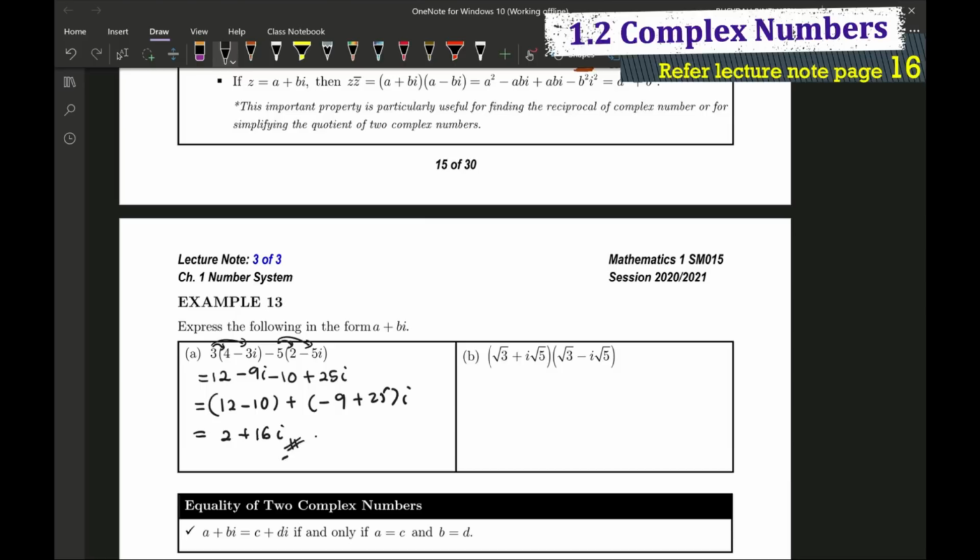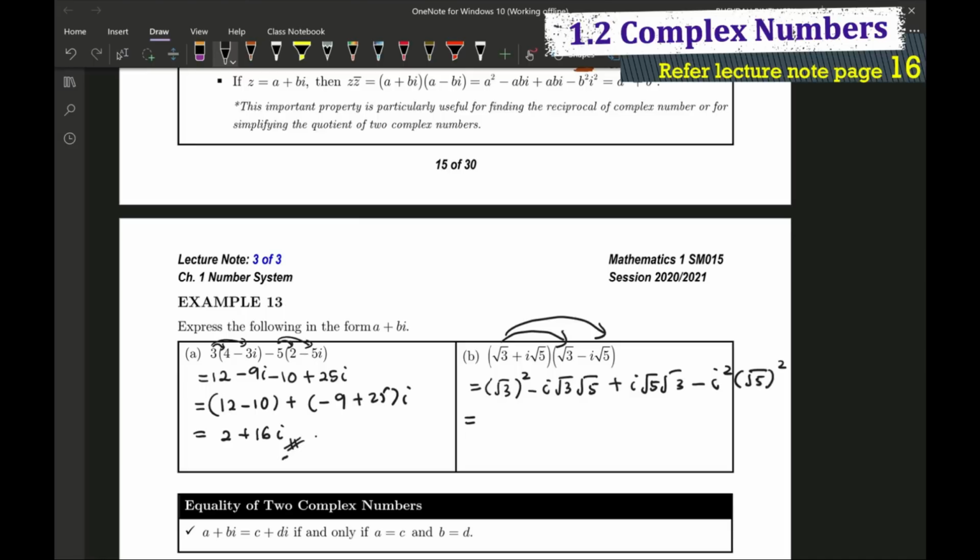And now we go to the multiplication of two complex numbers. Just like a normal multiplication, we just expand the brackets. We have -i times 3, 3 times 5, plus i times 5, 5 times 3, minus i squared times 5 squared.